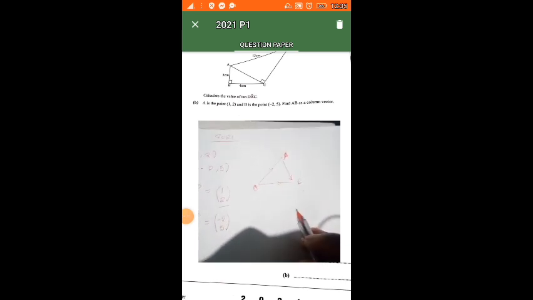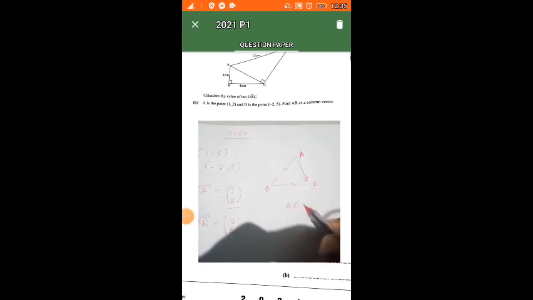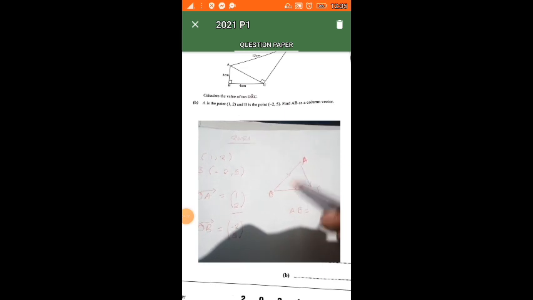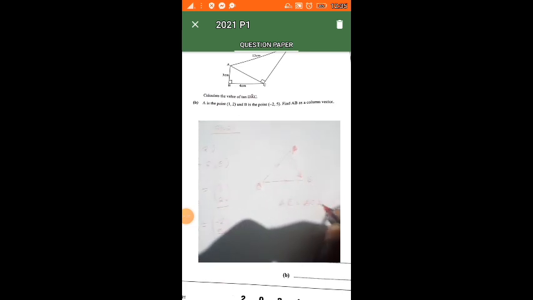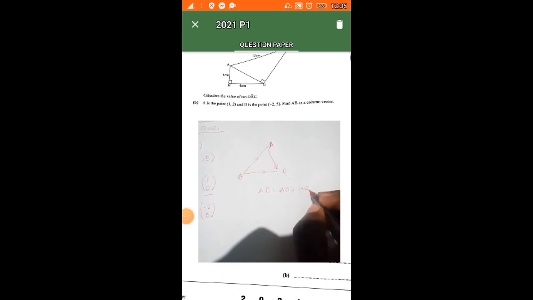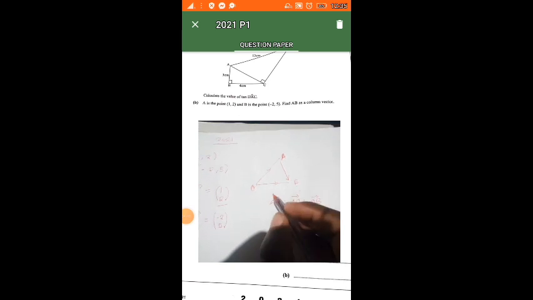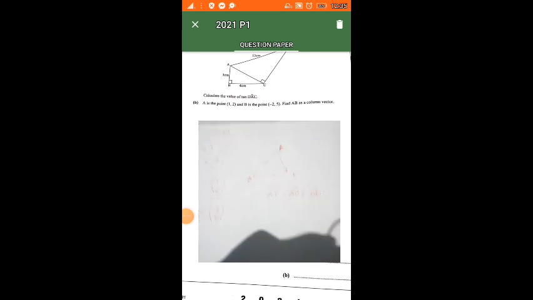So the equation I'm going to make is AB is going to be AO plus OB. These are the column vectors we're going to use, and we have OA instead of AO.